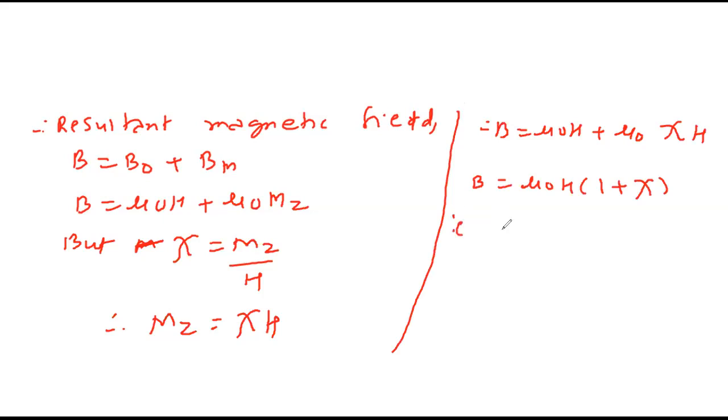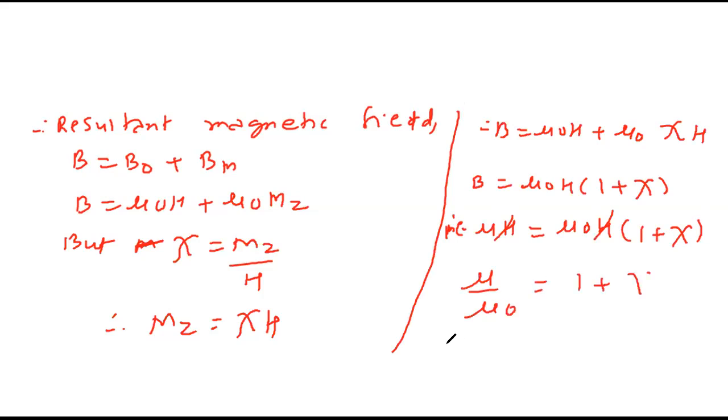That is mu H equals to mu naught H into 1 plus susceptibility. So mu upon mu naught is 1 plus susceptibility. Mu R equals to 1 plus susceptibility.